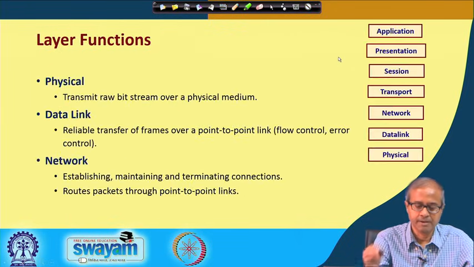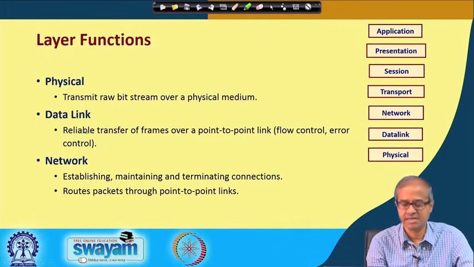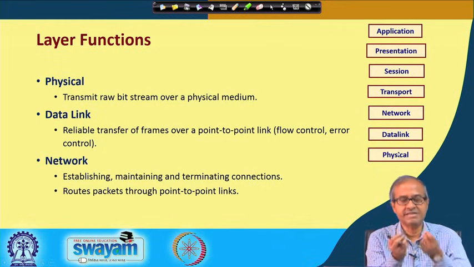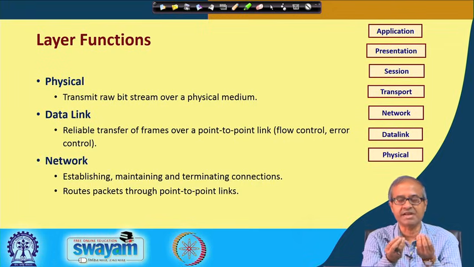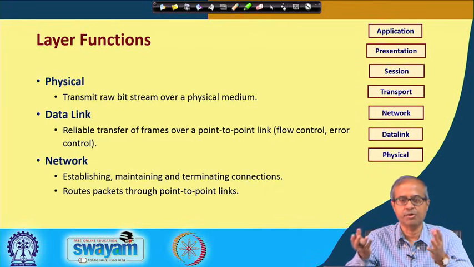Now, first let me briefly talk about the function of the different layers. The lowermost layer, the physical layer, concerns the electrical signals, or whatever way you are sending, either using electrical signals or using optical signals through fiber optics.